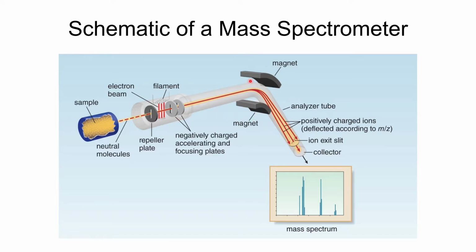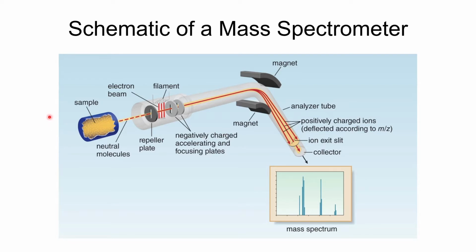By gradually adjusting either the magnetic field or the speed at which you accelerate the particles, you can time it so that different particles hit a small slit over here and a detector at different times, depending on how large the molecule is. And you can sweep through a range of masses and determine how much of each mass you had. It's really kind of remarkable, and it works really, really well.